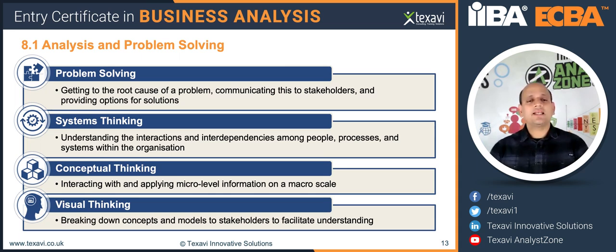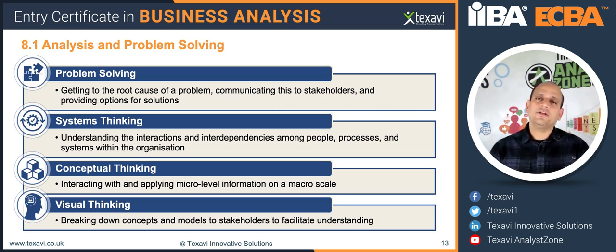Systems thinking is understanding the interactions and interdependencies among people, processes, systems within the organization, and information technology. All of these are different perspectives again. Conceptual thinking is about interacting with and applying micro level information on a macro scale.